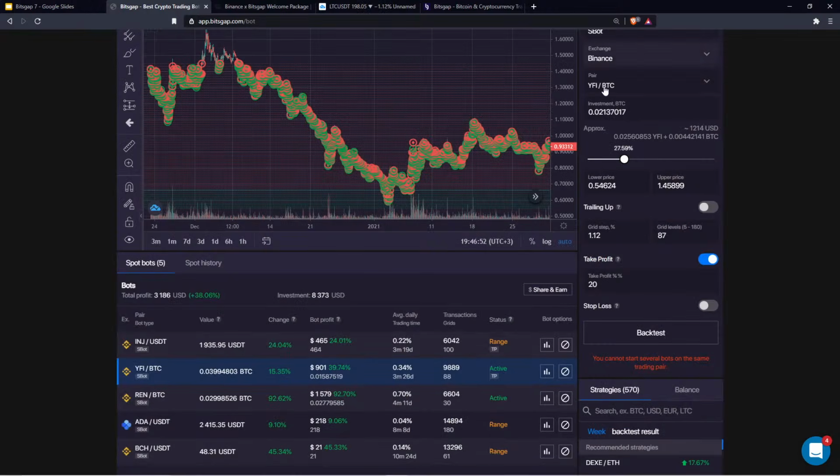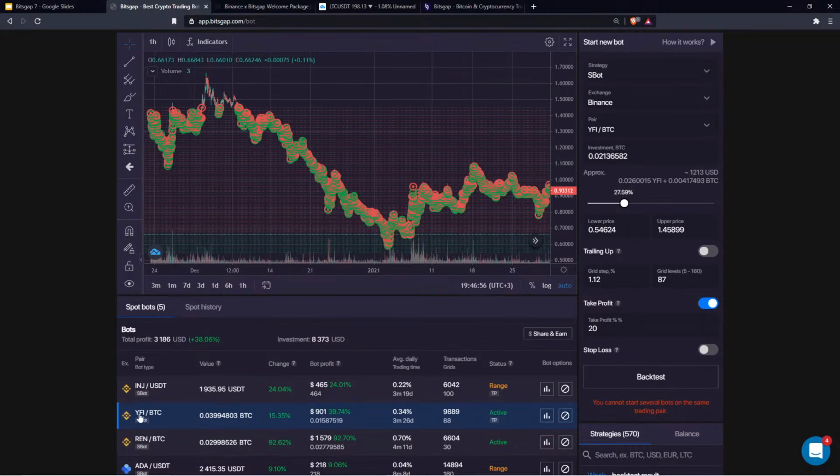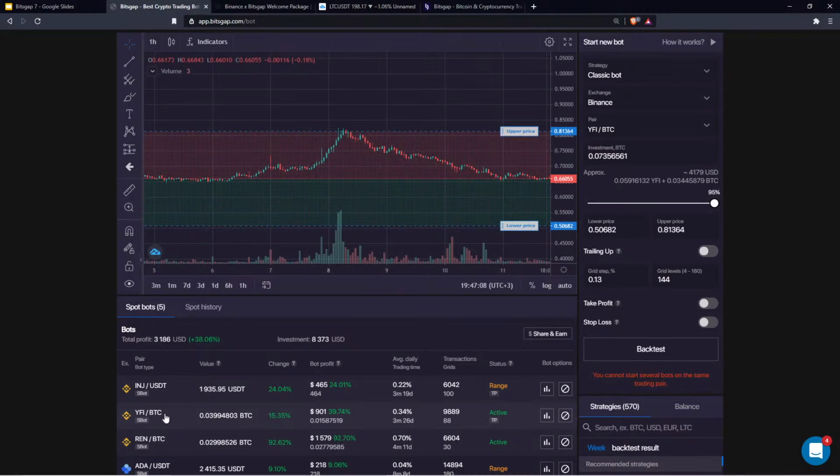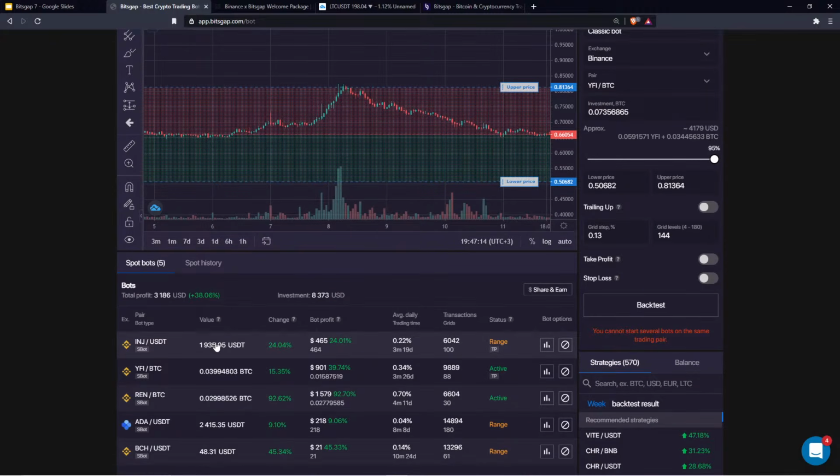Let's say you launched the Sbot configuration on UFI to Bitcoin, and you also launched the classic bot on UFI to Bitcoin at the same time, simultaneously, to compare how two different configurations will behave on the same cryptocurrency pair, so that you will find out which one turns out to be the most successful.